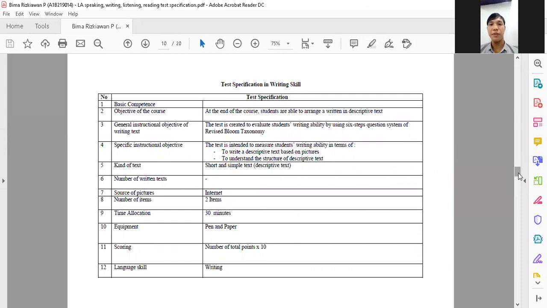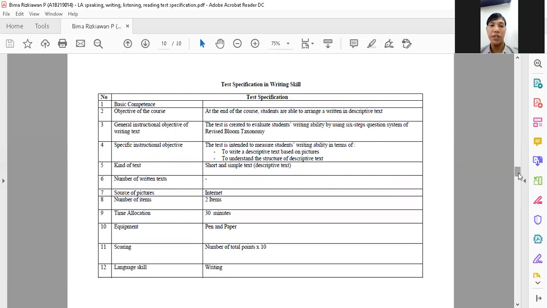Test specification in writing skill. The objective: at the end of this course, students are able to arrange a written descriptive text. The test is created to evaluate students' writing ability by using a 6-step question system of the revised Bloom taxonomy.